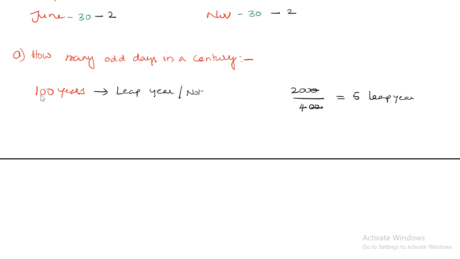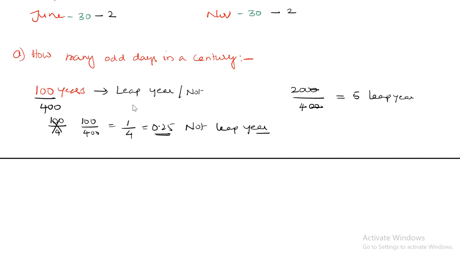Likewise, for a century, 100 divided by 400 is 0.25, which is a fraction, so it is not a leap year.